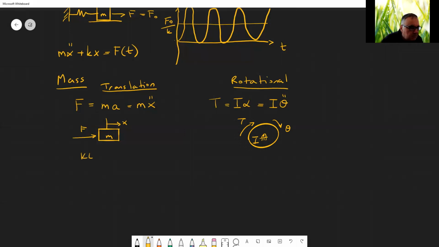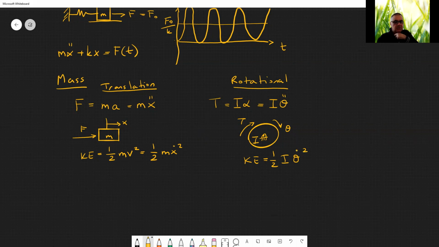The kinetic energy of this system is 1 over 2 mv squared, which is 1 over 2 m x dot squared. And the kinetic energy of the rotational system is 1 over 2 I theta dot squared, as you can see.